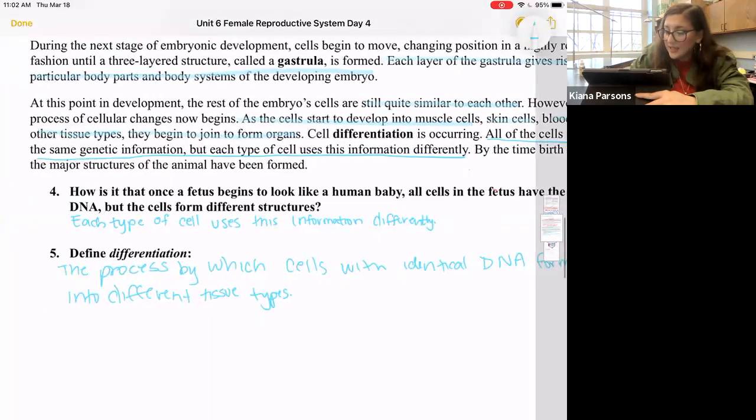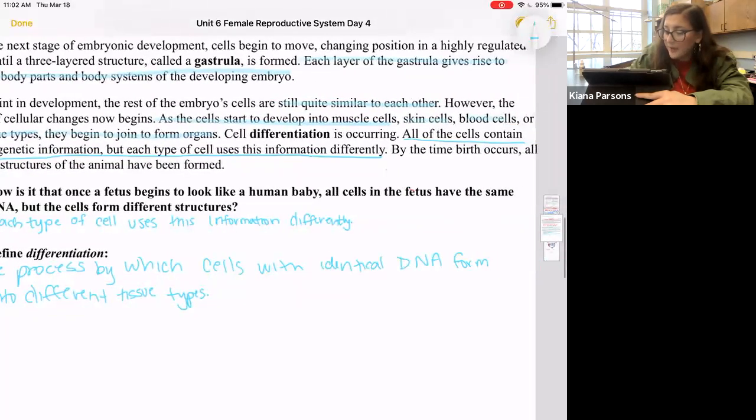Like it says here, by utilizing different portions of the DNA.